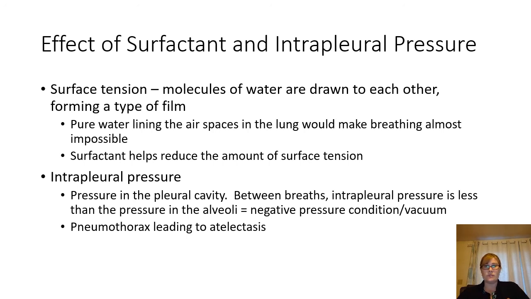And when that happens, the pressure in the pleural cavity doesn't work right. Instead of having a vacuum effect, we end up seeing the lung itself being impacted by the pressure, and that can lead to atelectasis, which is a collapsed lung.